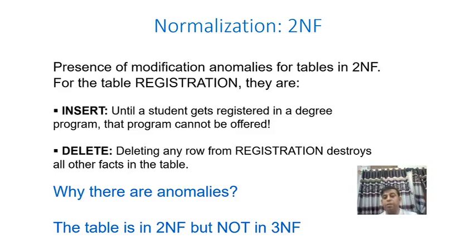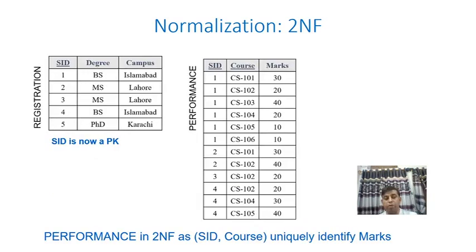Why are there anomalies? The table is in 2NF but not in 3NF. The registration table has got 2NF, meaning the two non-key attributes, degree and campus, are now fully functionally dependent on SID, the student ID, which serves as the primary key.